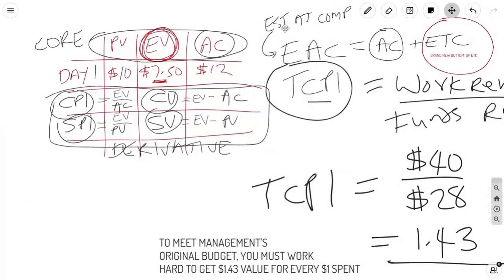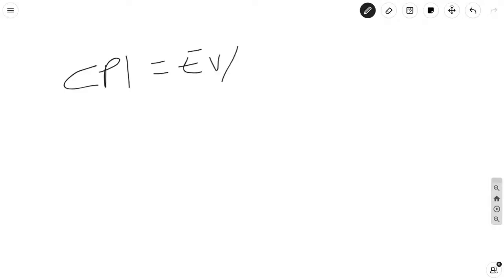So if we were going to do this for the numbers that we have here, 10, 750, and 12, let's go to a blank place here. So we can now calculate the CPI, which is earned value divided by actual cost. And in this case, the earned value was what? 750, and the actual cost was 12. Okay?